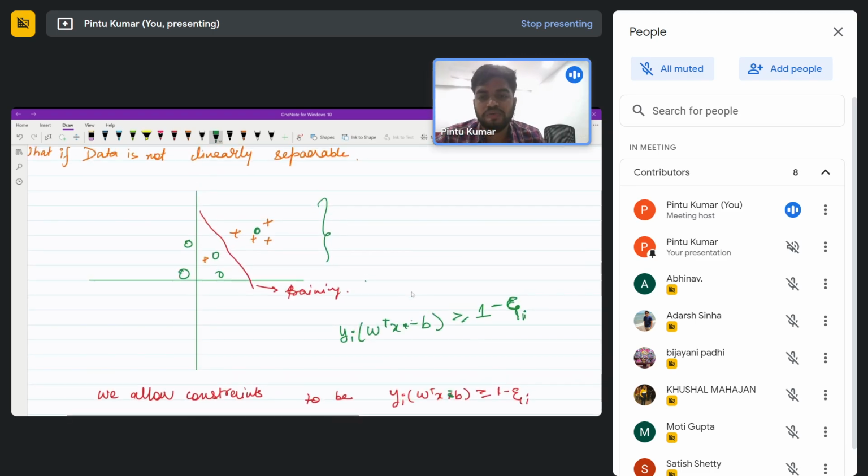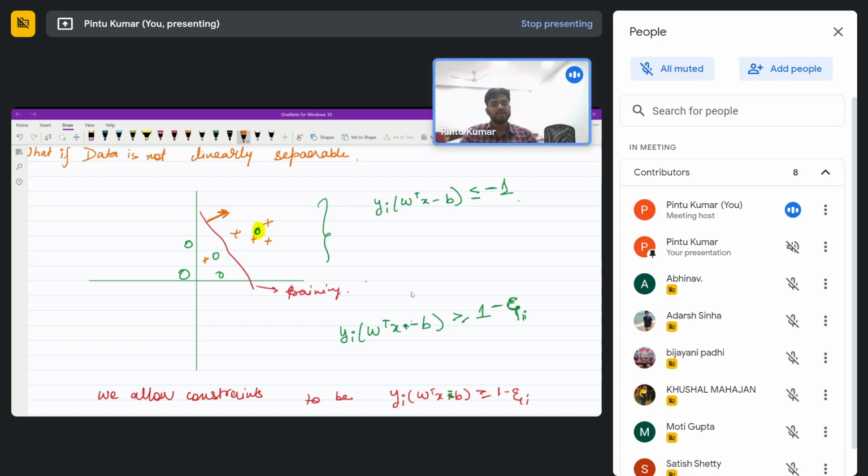So now for this shaded point, I should have yi (w transpose x minus b) less than or equal to -1, right? But this is on the right hand side of my classifier.